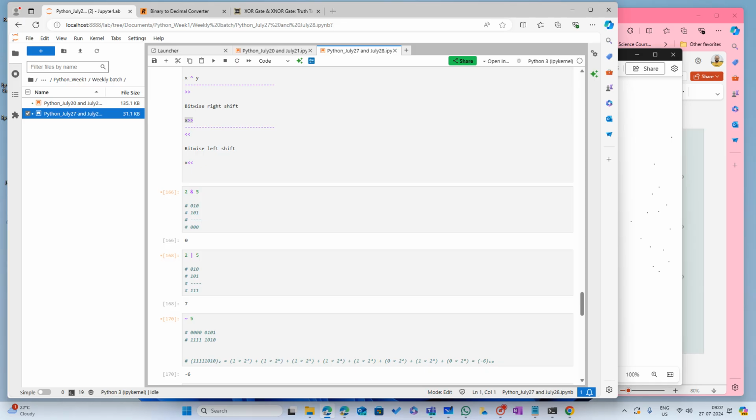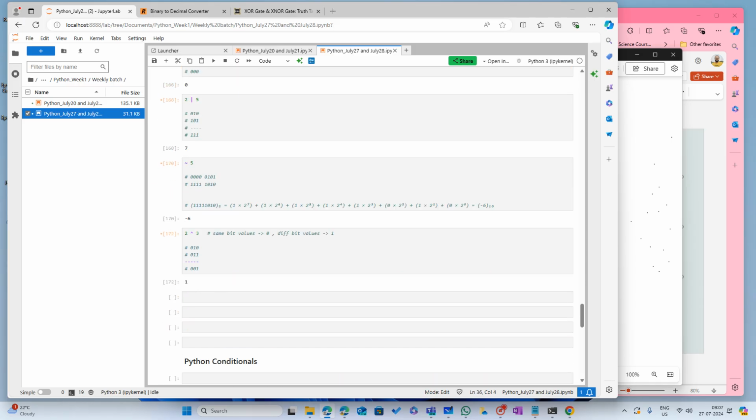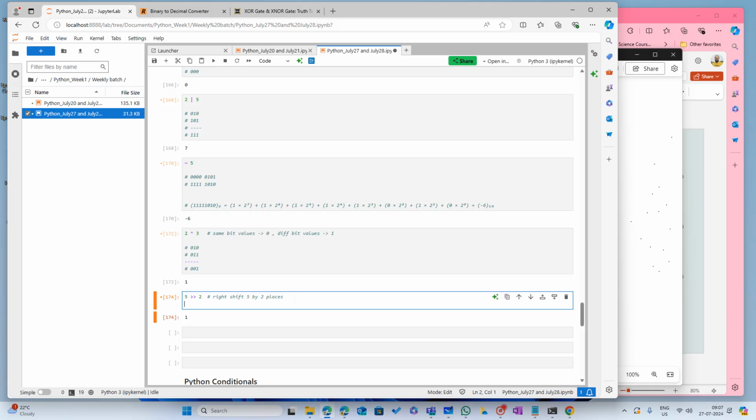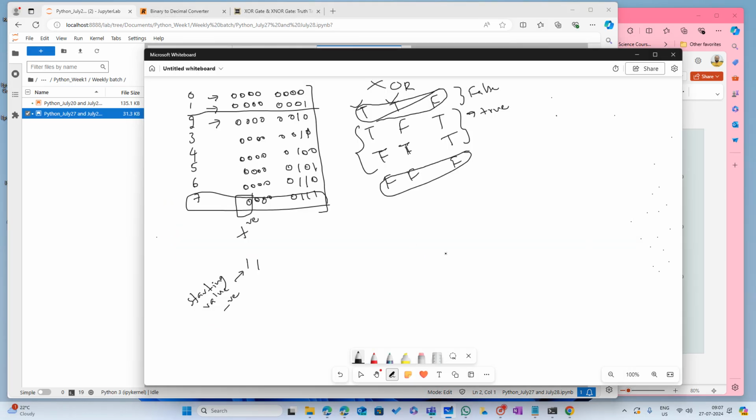Now the shifting operator. Right shift is, let's say you want to right shift 5 by 2 places. That's what it means. How do you read this? Right shift 5 by 2 places. You have to pay attention to understand this. Let's say you had 101. 101 is 5.